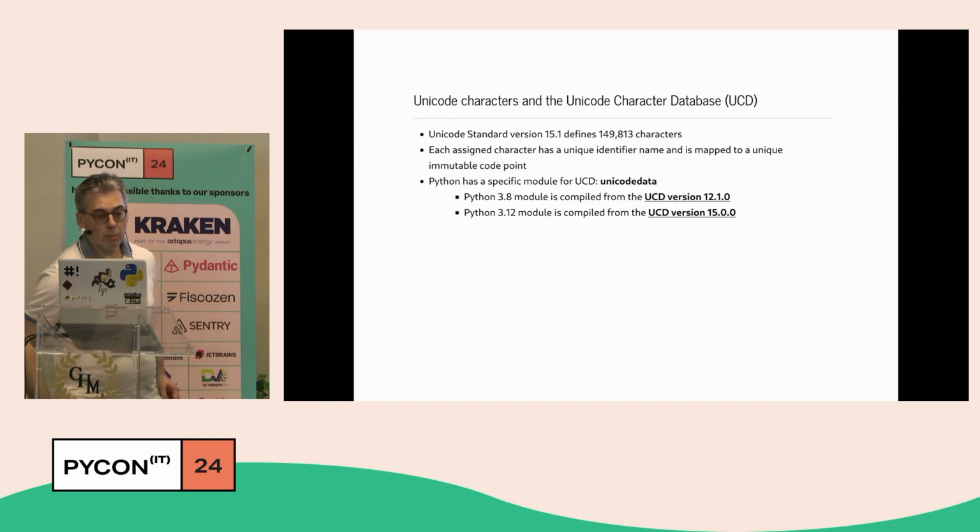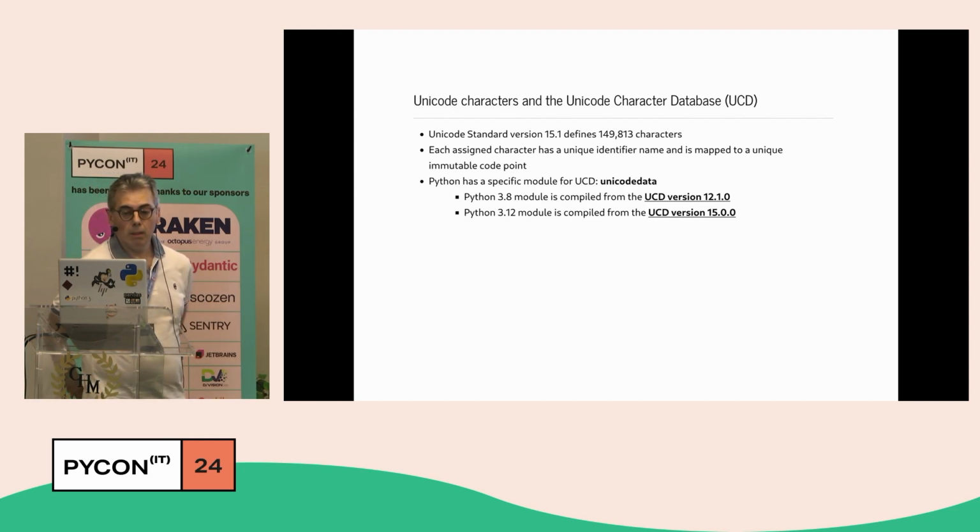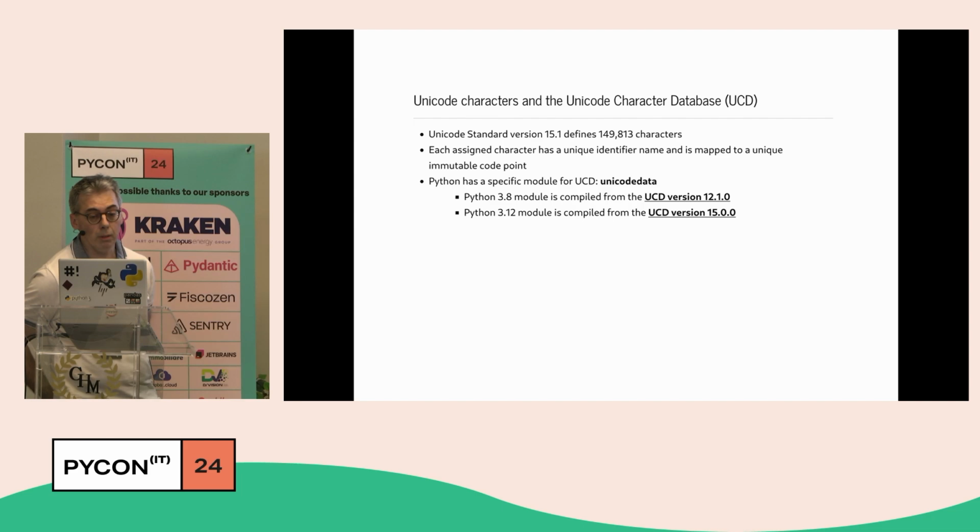The problem of Unicode characters: there are currently about 150,000 characters defined and assigned. Each assigned character has a unique identifier name and is mapped to a unique immutable code point.